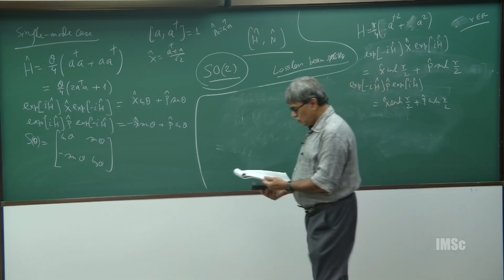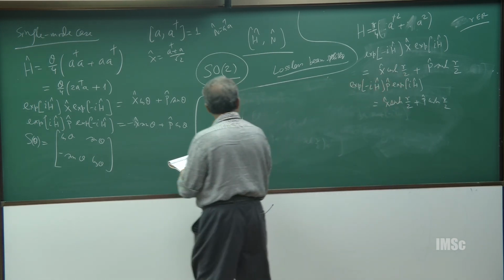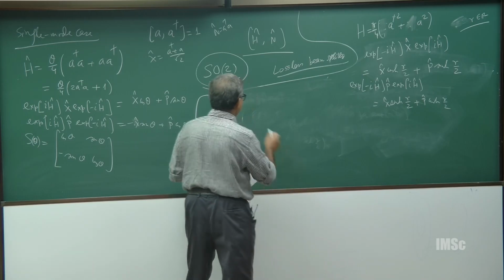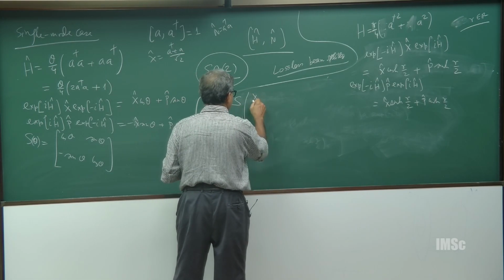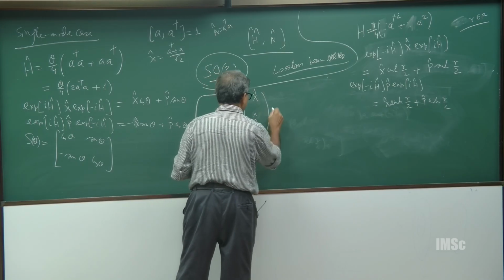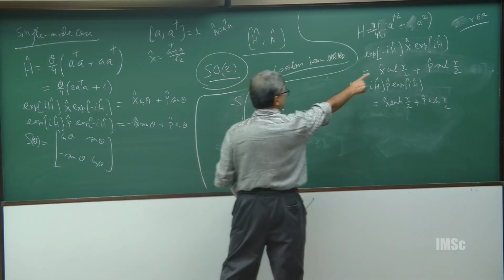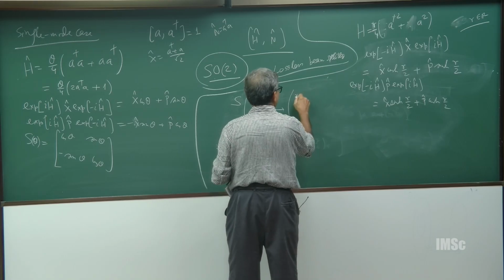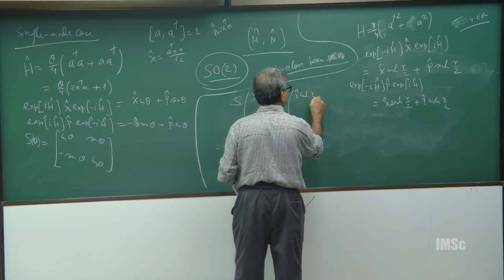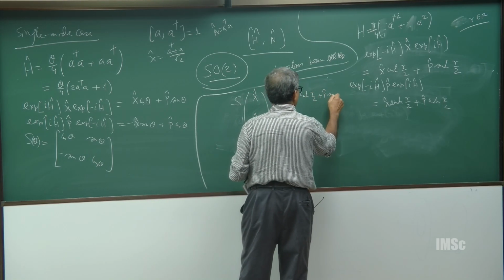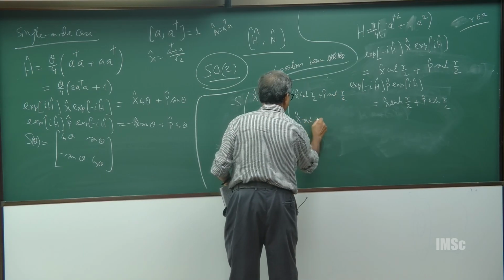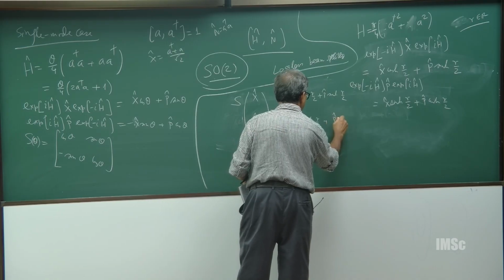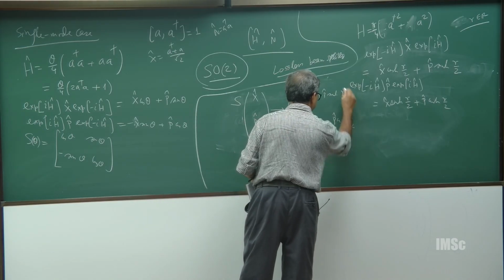Now we see what the corresponding symplectic transformation is, which will take x and p to x cosine hyperbolic r by 2 plus p sin hyperbolic r by 2, and x sin hyperbolic r by 2 plus p cosine hyperbolic r by 2.